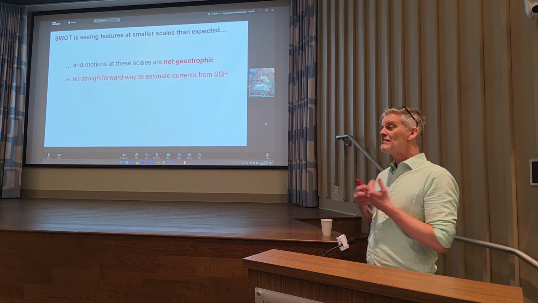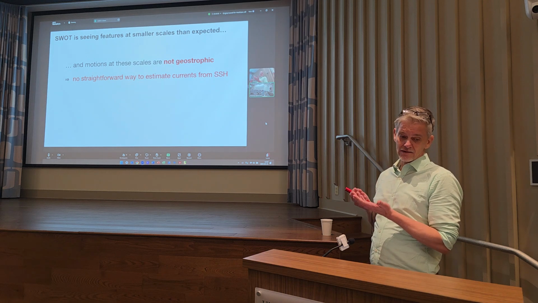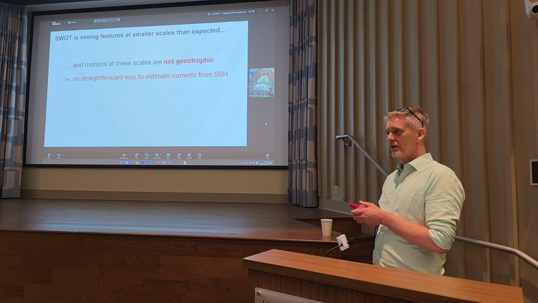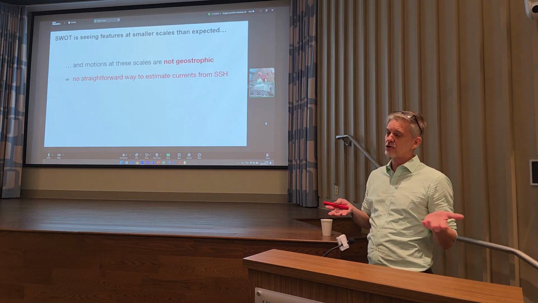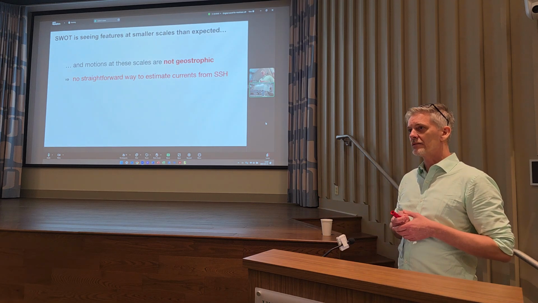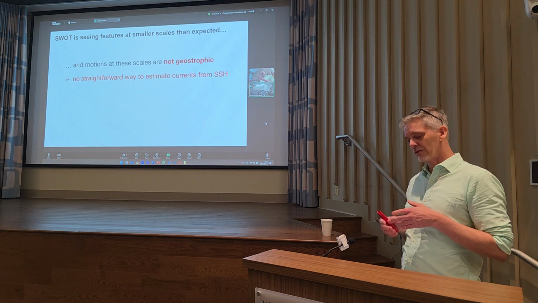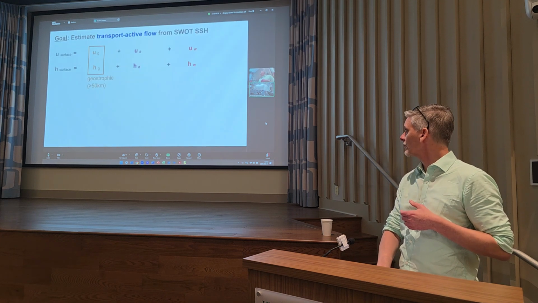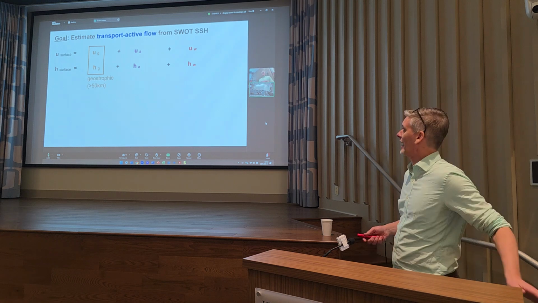There are many possible uses for SWOT, and many things people want. Our particular focus has been how we can make a better mathematical or machine learning model to get specifically the part of the velocity field that is active in transport. I'll try to say what that means in a little schematic.